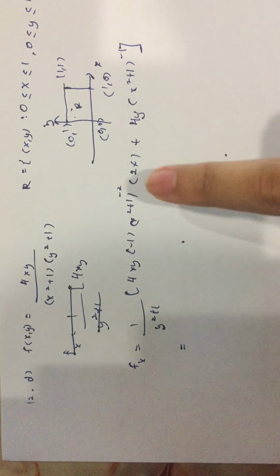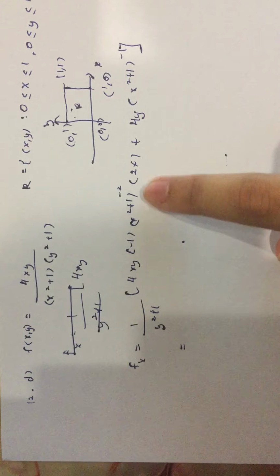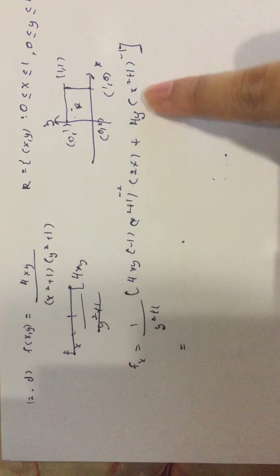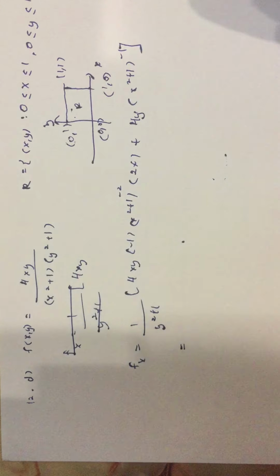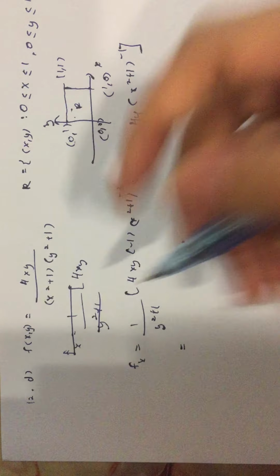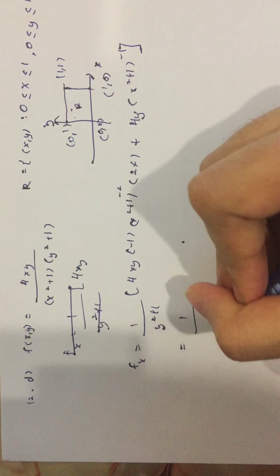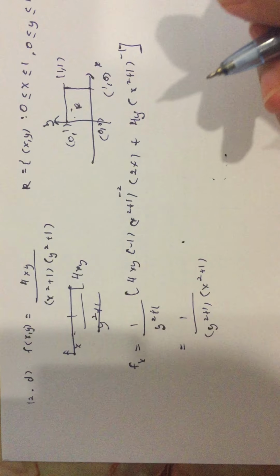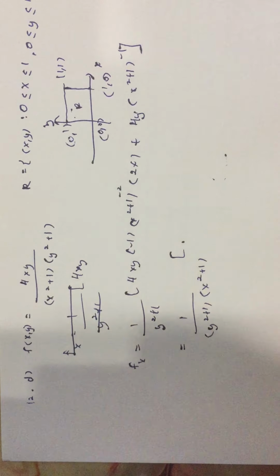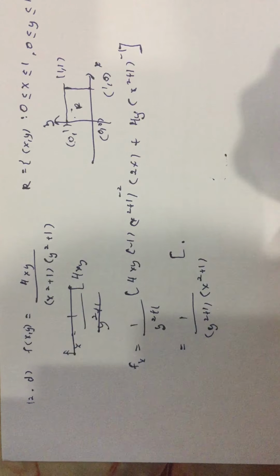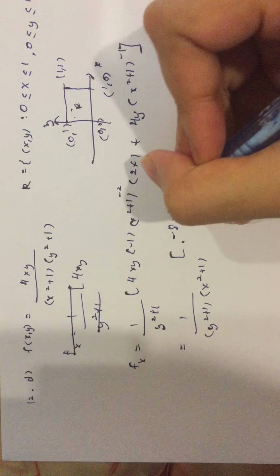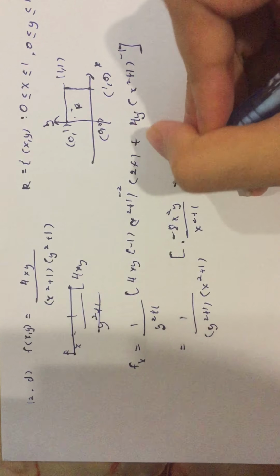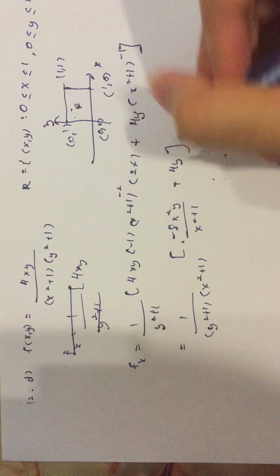So this x squared plus 1 to the power of minus 2 and minus 1 we can bring down, and then we can factorize out the x squared plus 1. So we have 1 over y squared plus 1 times x squared plus 1 times minus x squared y over x squared plus 1 plus 4y.